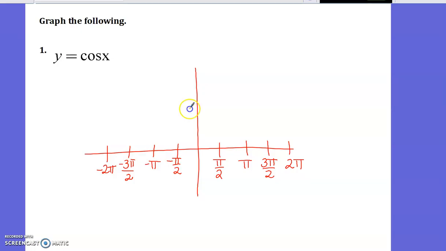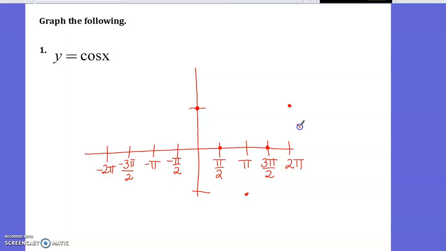Now cosine always starts at the top, and so our starting point is right here. And then from the top, we went through the middle, bottom, middle, back to the top. We had those dashed lines. I'm not going to put those dashed lines in here, but remember we had points on our top line, middle line, and bottom line.